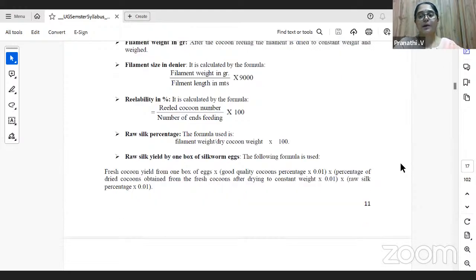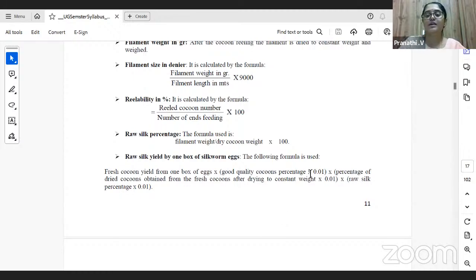And what is the amount of raw silk that is being yielded by one box of silkworm eggs? So you have a formula for that. Fresh cocoon yield from one box of eggs into the good quality cocoons percentage into 0.01, into percentage of dried cocoons obtained from the fresh cocoons after drying to the constant weight into 0.01.